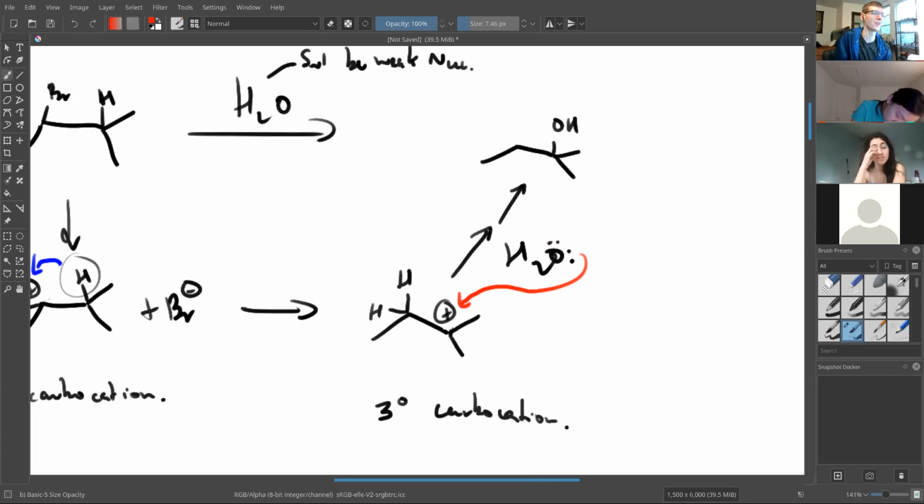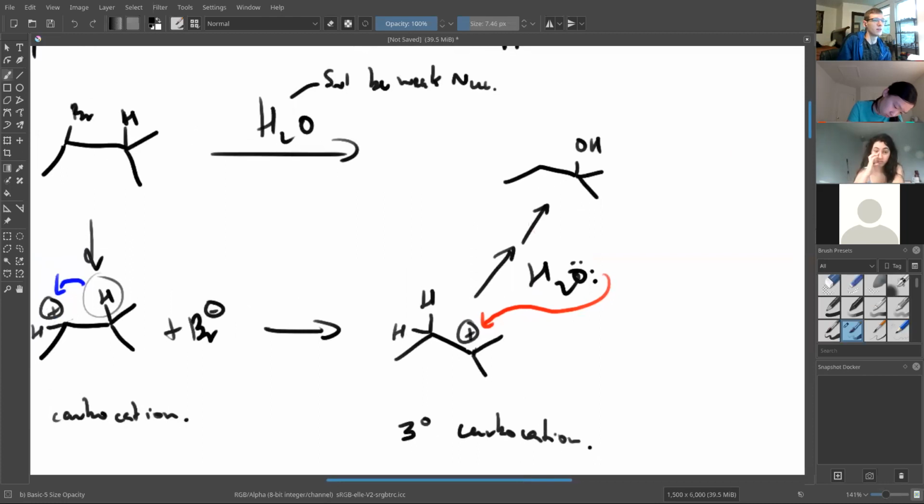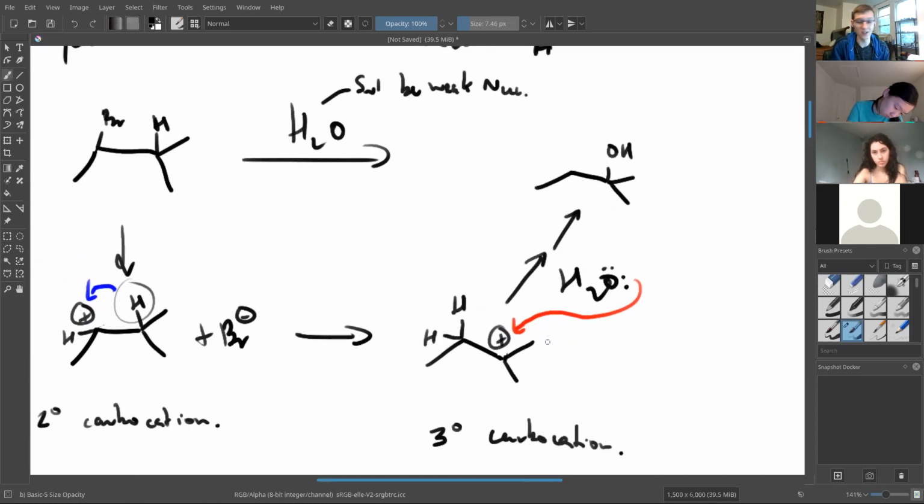They're the ones that do all the heavy lifting. And then you pull off one of those protons, or sorry, one of those hydrogens that's on the water, right? Because the H2O on the molecule is going to have a plus charge, so you pull one of those off. Okay. So here we go. That's what the rearrangement does.